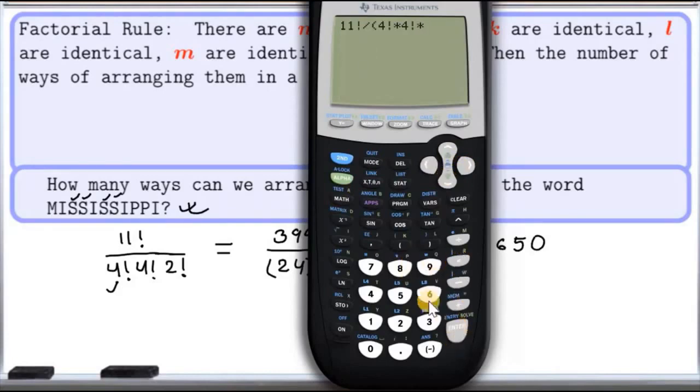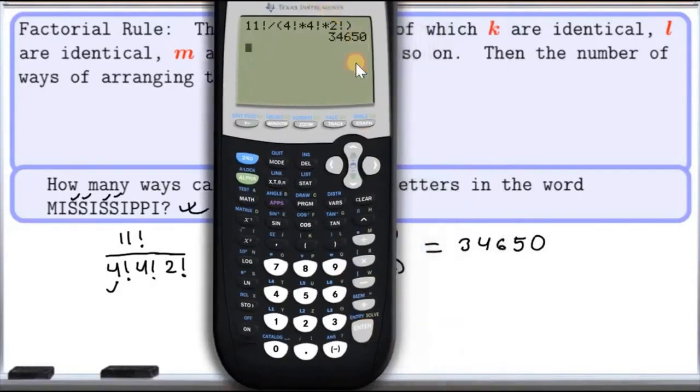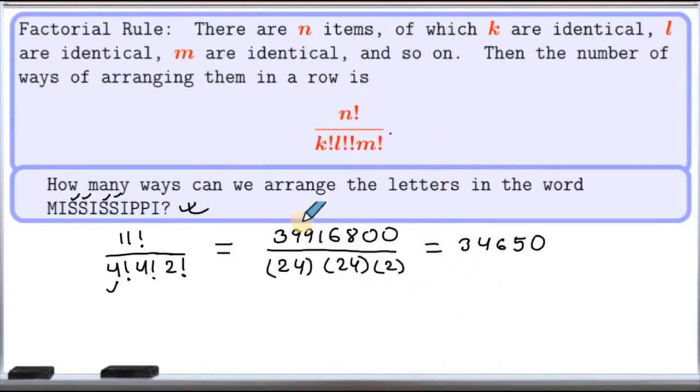Then times, we need 2 factorial, so type in 2, then go to math, go to probability, come down to 4, then hit enter. Then close your parentheses, then hit enter. So this gave me 34650. So that's what we have here. So we can arrange the letters in the word Mississippi in this many ways.